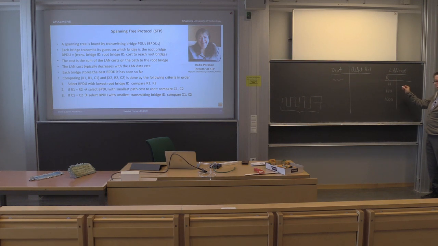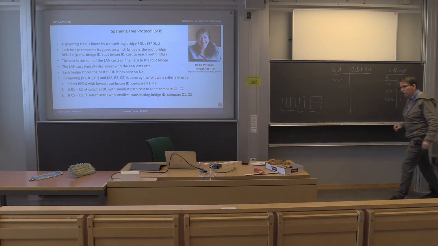I just invent some cost here. So maybe if this is cost 1, then this is maybe cost 2 and this is cost 3, or maybe it's 10 and 100 or something like this. Okay. So it's cheaper to transmit the frame over a high capacity LAN, right? It takes less of the capacity of that LAN.